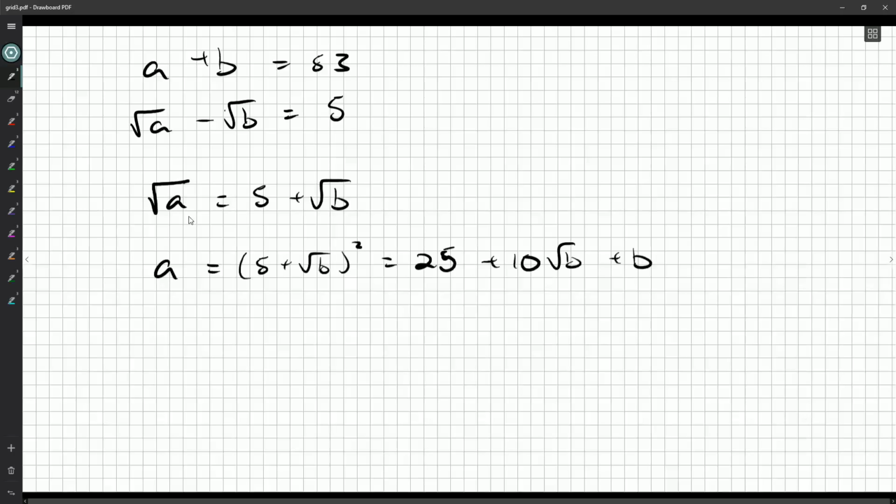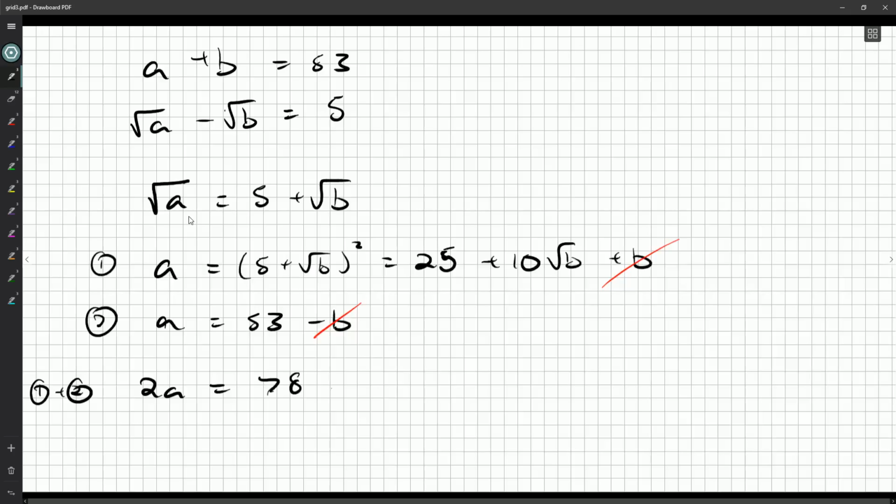And we also know A is 53 minus B. So if I add these two expressions, I'll get two A's on the one side. The B's will cancel out. Minus B and a plus B. I'll get 25 plus 53 is 78. Plus 10 root B.